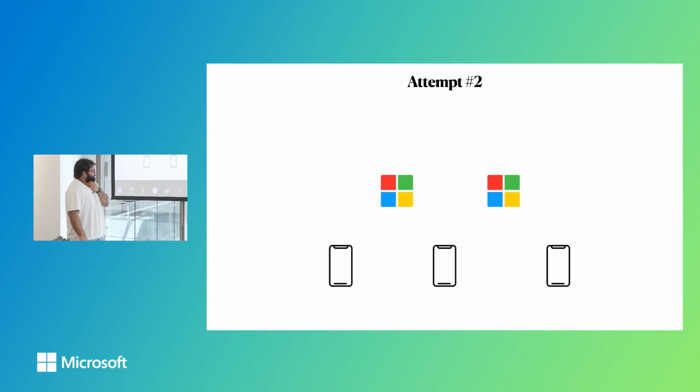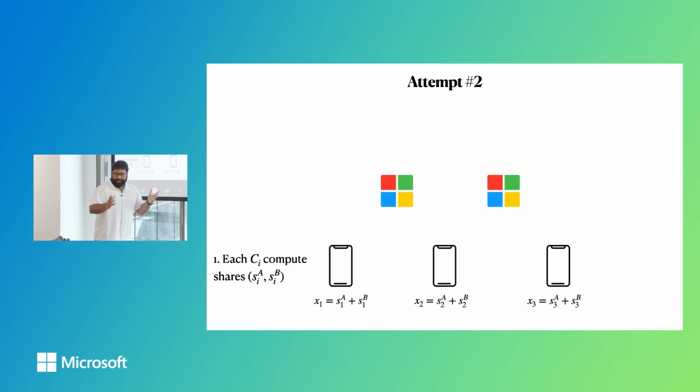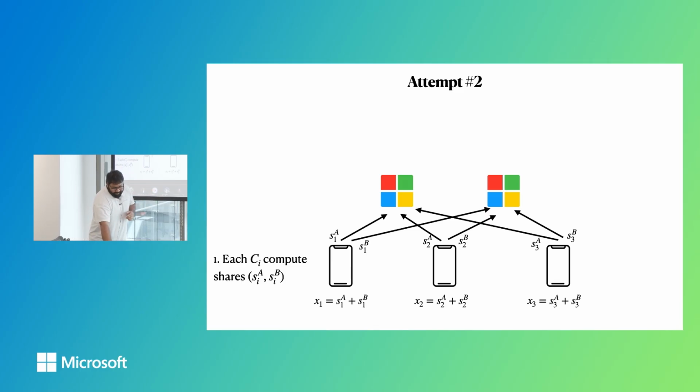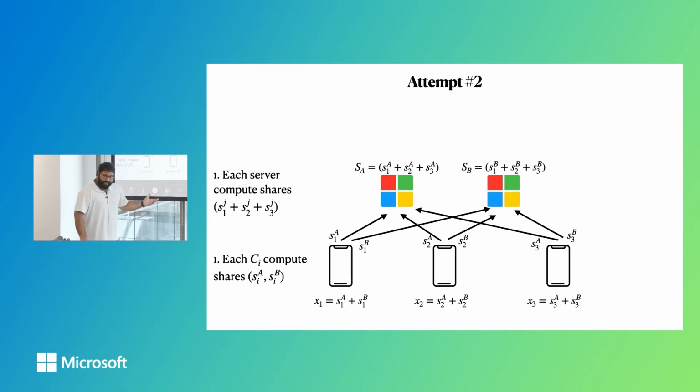Okay, a second attempt might be just to distribute these servers. Say we have two servers, and we have our clients, and the idea might just be to secret share, right? Let's just secret share our inputs to these two servers. Then the servers can aggregate these shares and finally compute the sum.